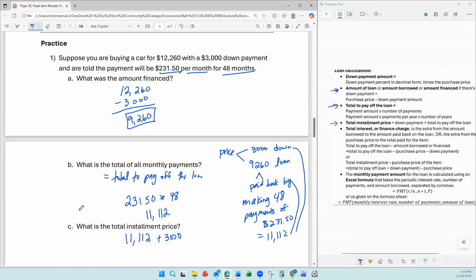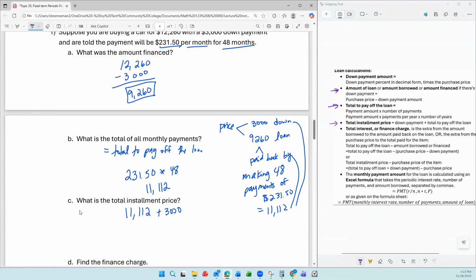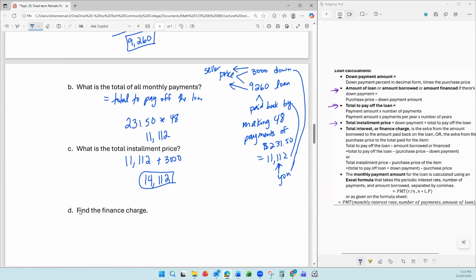That's what you actually ended up paying. So the seller got the $3,000 and they got the $9,260. Then you have paid the $11,112 and the $3,000. So that's $14,112.